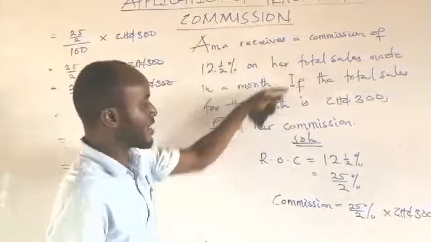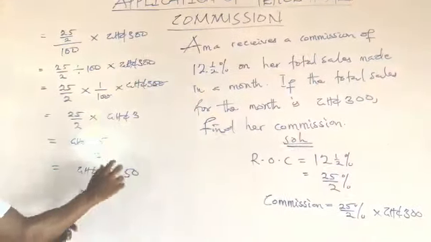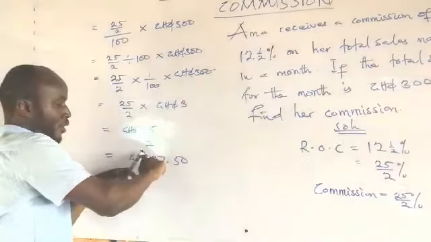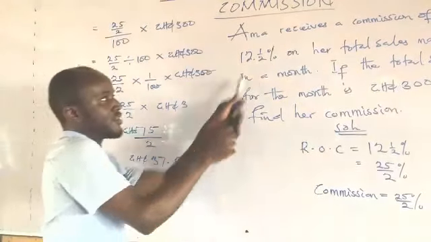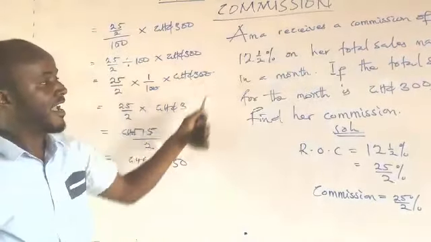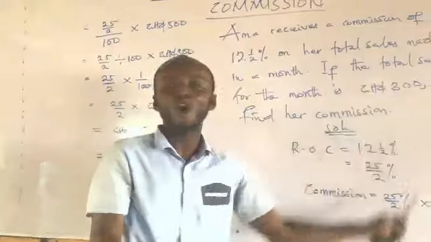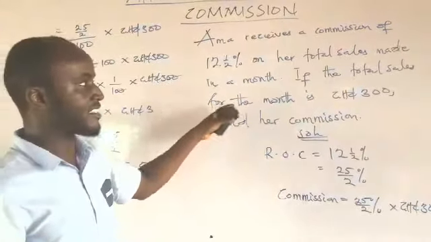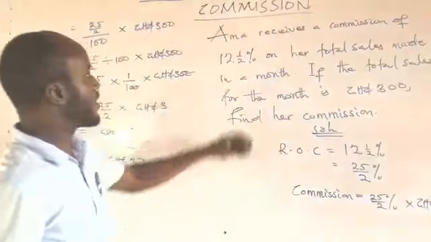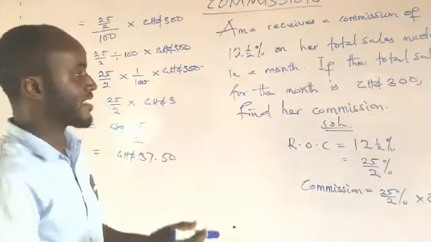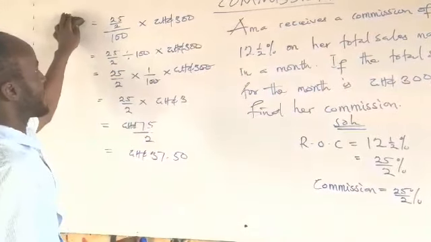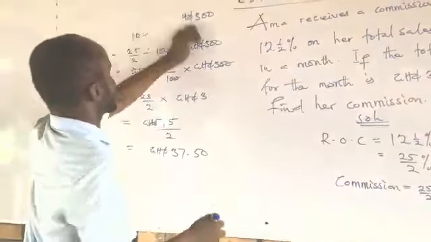Assuming this 37.50 Ghana cedis here is the commission, by proportion, this commission here is equivalent to the 12.5%. And the total sale is always equivalent to 100%. That one will be our next lesson about this same topic. So let's take this assignment, just try it, and just reach out to me for your marks.